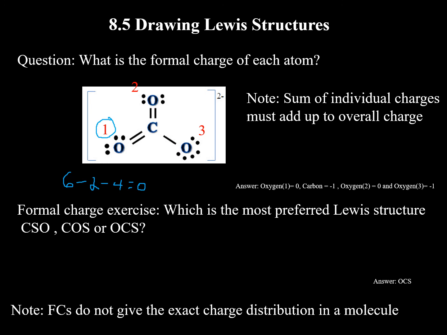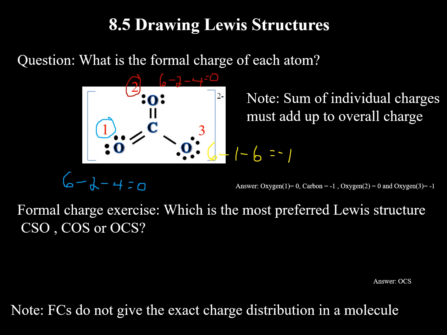The oxygen above is 6 minus 2 minus 4, which is 0. The oxygen on the right is 6 minus 1 minus 6, which is -1.